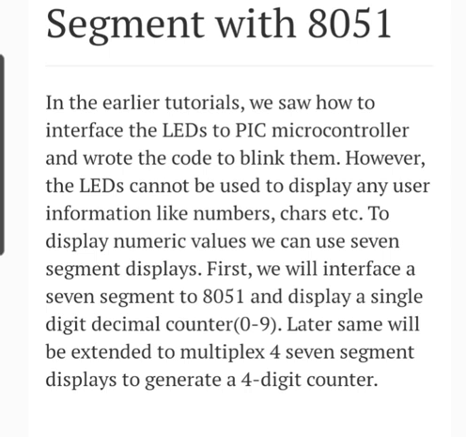To display the numeric values, we can use the 7 segment display.